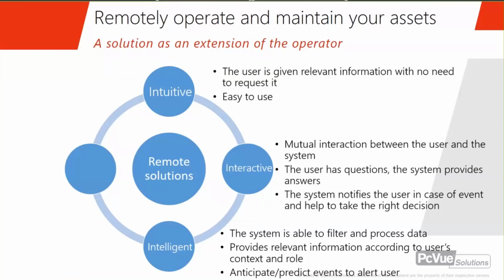And the system must be able to anticipate and predict events, so the system can alert the user. And finally, the system obviously must be secure and based on secure mobile infrastructure. So these are the key points we had in mind when we designed our mobile and remote solutions.